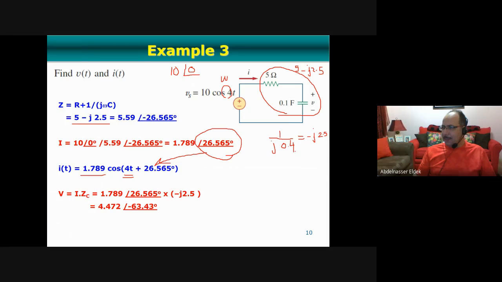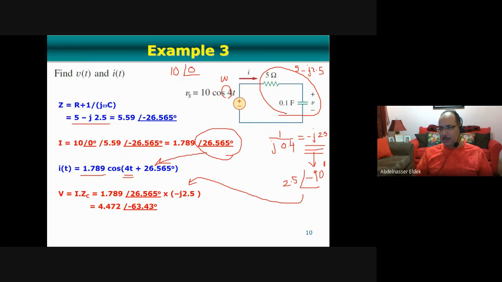ZC is negative j 2.5. Converting to amplitude and phase, the amplitude is 2.5 and the phase is negative 90 degrees. j is 90 degrees, negative j is negative 90 degrees. Then you multiply it like this.